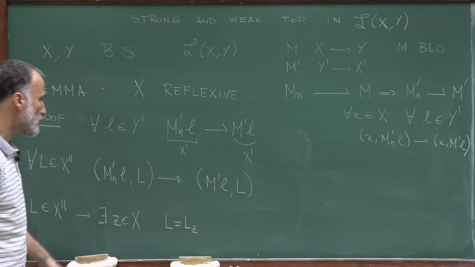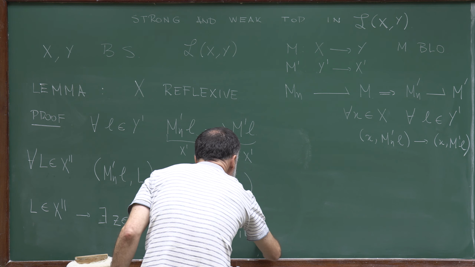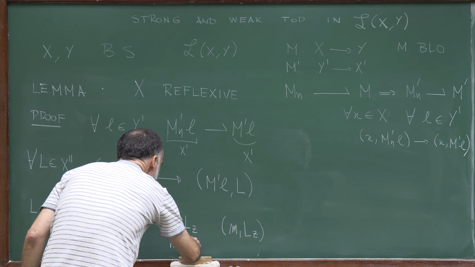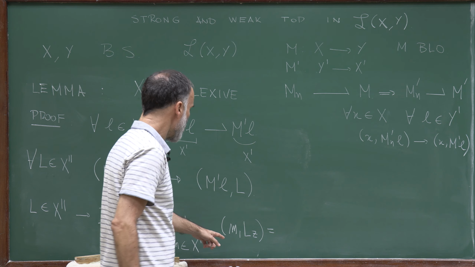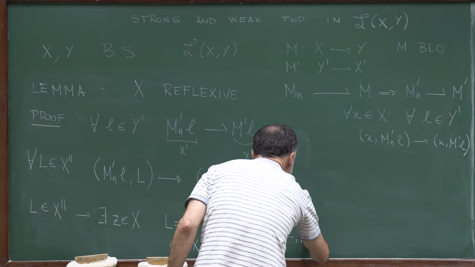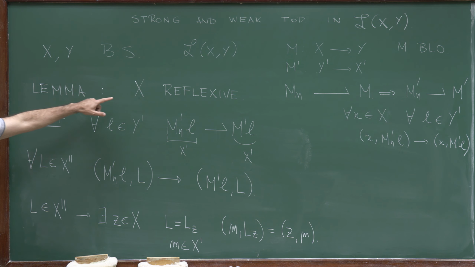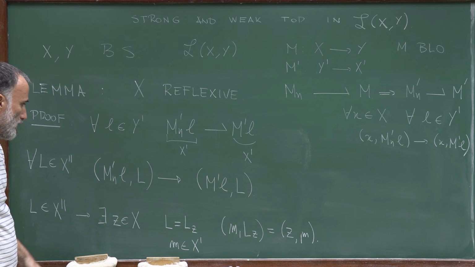And what is the operator L_z? Well, it's the one such that L_z of m, for m in X prime, is equal to m applied to z. So actually this is equal to z m. Right? To say that X is reflexive is to say that any element in X double prime is represented as an element of X in the following way.